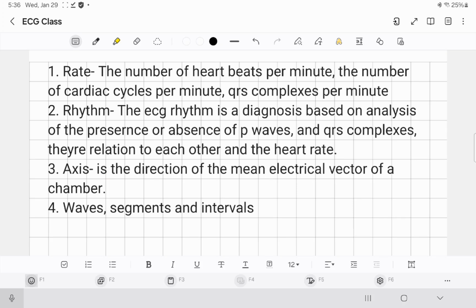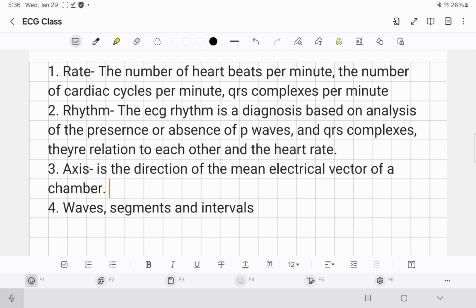So the mean electrical vector can be calculated down to a degree with certain techniques, but typically not with the 12 lead ECG alone, right? So the purpose of the 12 lead ECG as it relates to axis is to ascertain or to analyze whether or not the axis of your patient is within the normal range, right?